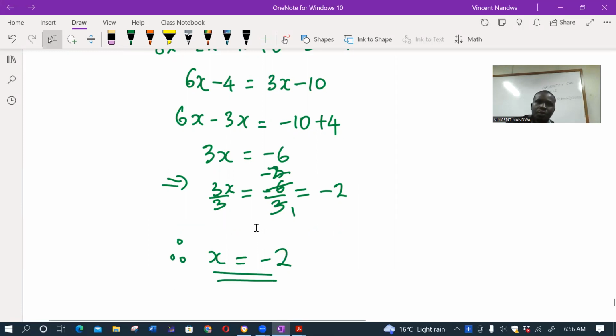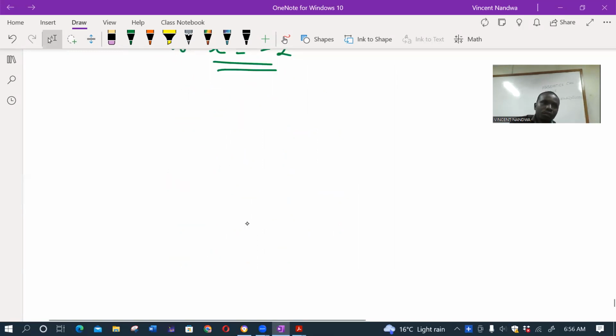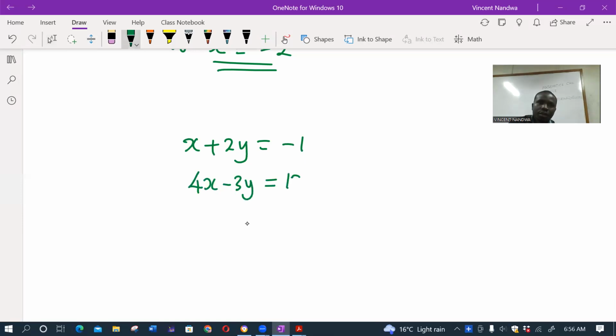Then problem 2 was to solve the simultaneous equations x plus 2y equals minus 1, 4x minus 3y equals 18. So this was an open question. You could use any method of your choice.